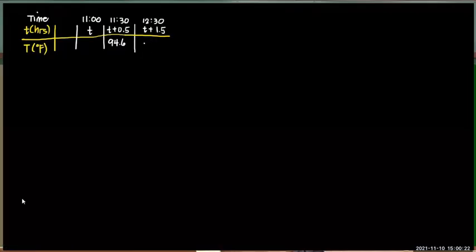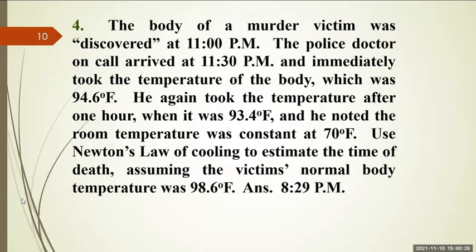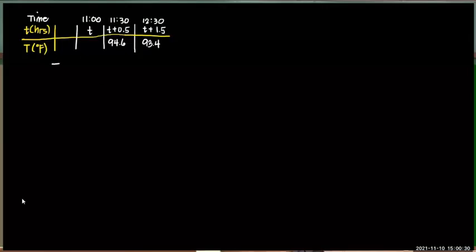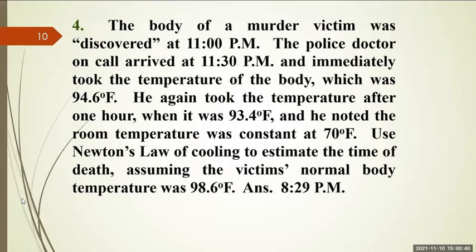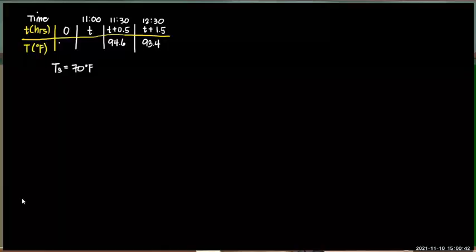The temperature was then 93.4. He noted that the room temperature was constant. So the room temperature of the surroundings is 70 degrees Fahrenheit. And you know that when he was alive, when there was no time yet, his temperature was 98.6. This one is unknown: what his temperature was then at 11 p.m.